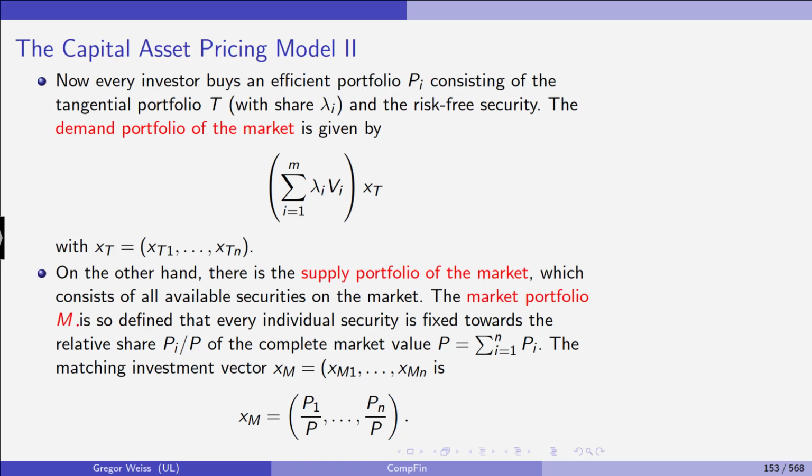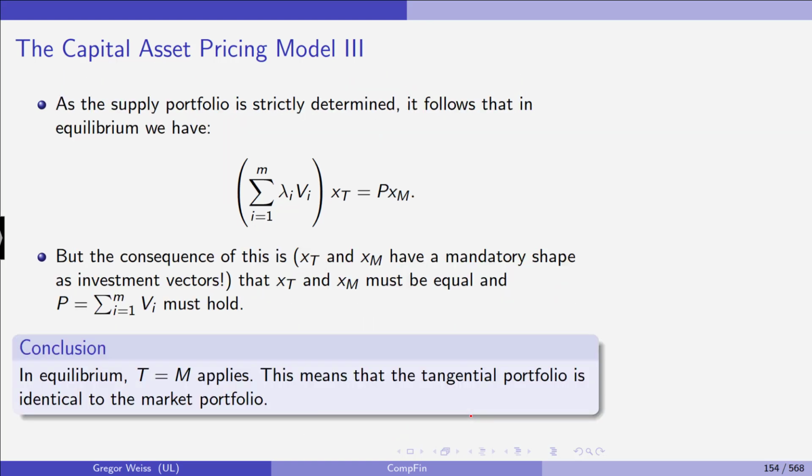The market portfolio M is defined such that every individual security is fixed by its relative share P_i divided by P of the complete market, and the matching investment vector is simply given by P_1 divided by P up to P_n divided by P. That's the complete market value, the price of the market, if you want to call it this way, and we have the individual prices.